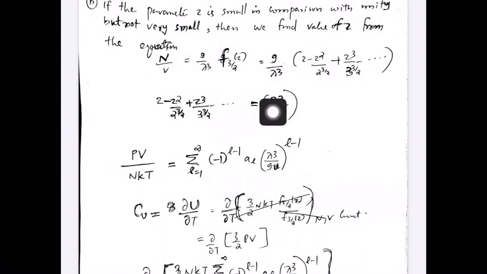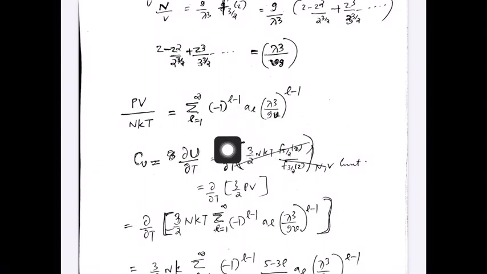The same thing we have done in the Bose gas as well. So this is our PV/NkT, and this is the equation of state of the ideal Fermi gas. And here we have (−1) to the power l minus 1. The first term is positive when l is 1, the next term will be negative. So we have obtained the equation of state of the ideal Fermi gas when z is less than 1.